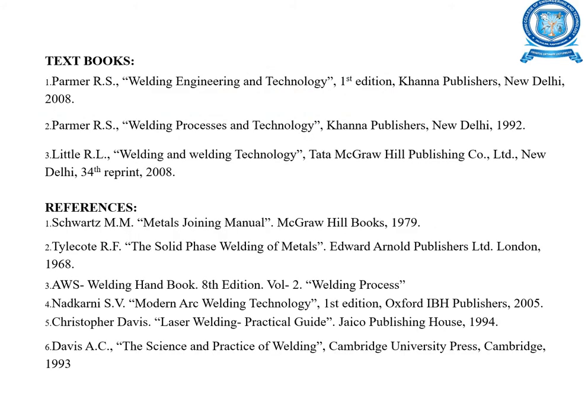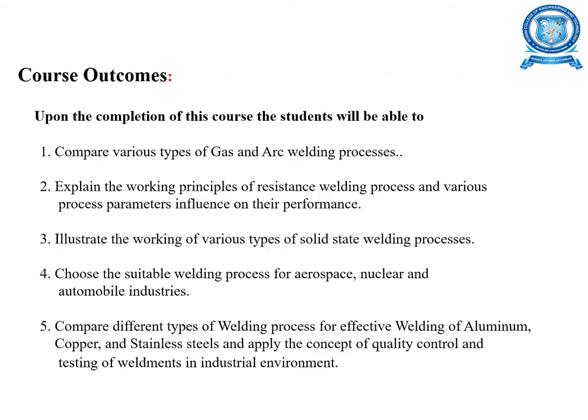And these are the textbooks and the reference books. So what would be the course outcomes? Upon the completion of this course, the students will be able to compare various types of gas and arc welding process. And in Unit 2, they will be able to explain the various principles of resistance welding process and various process parameters' influence on the performance. In Unit 3, they will be able to illustrate the working of various types of solid state welding process.